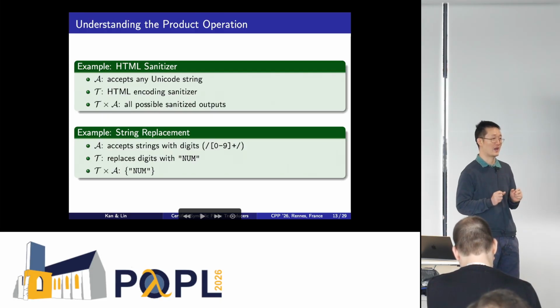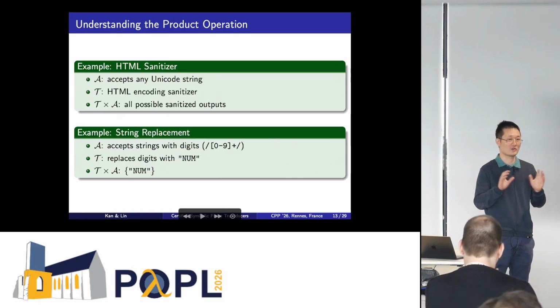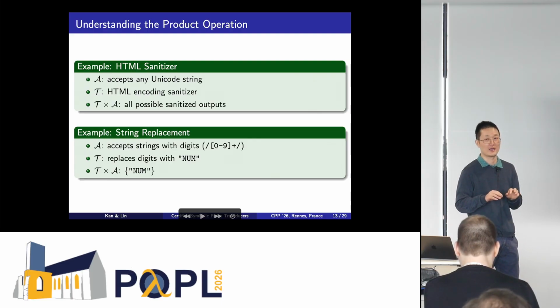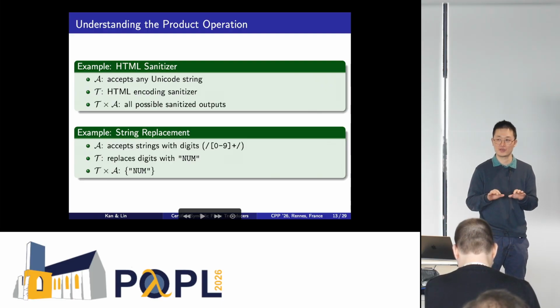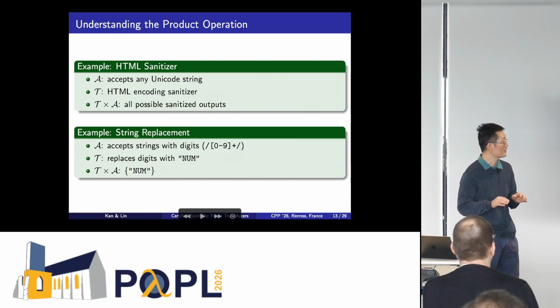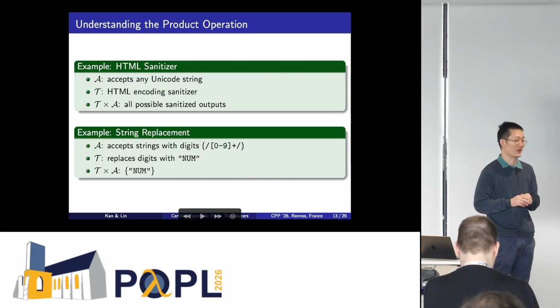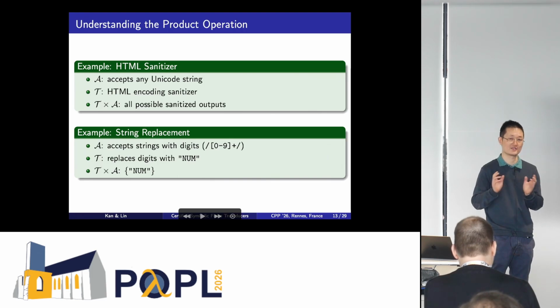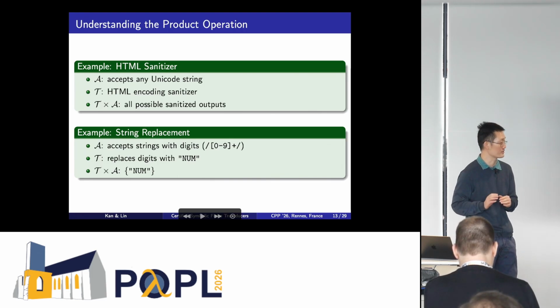If A is some strings or Unicode, because the user can input any Unicode string in the input window in your web pages, right? And T is a transducer that encodes the HTML sanitizer, and then the result is all the possible strings after sanitizing the input strings.